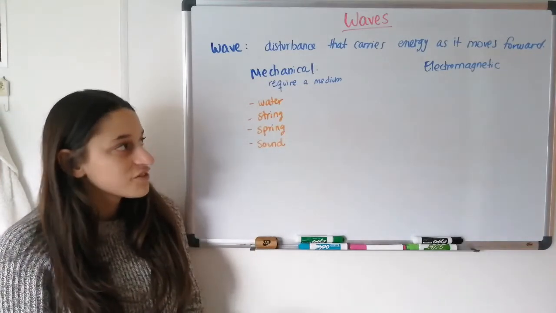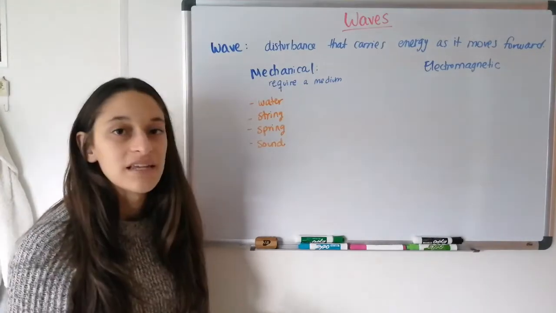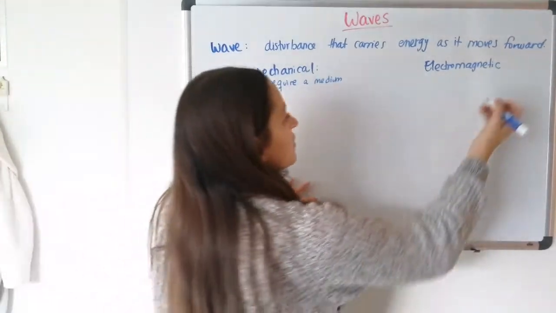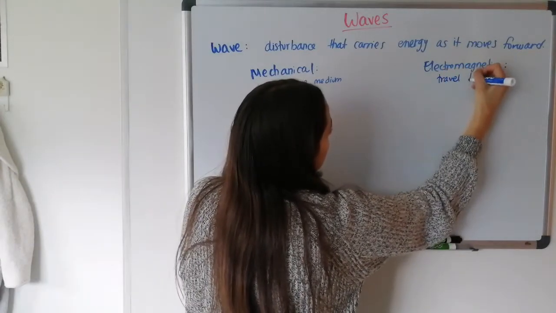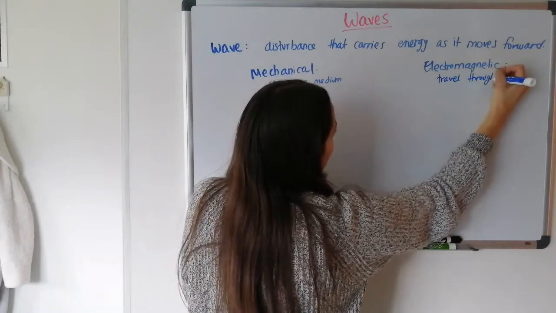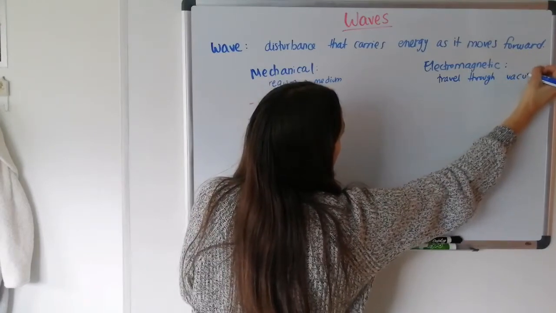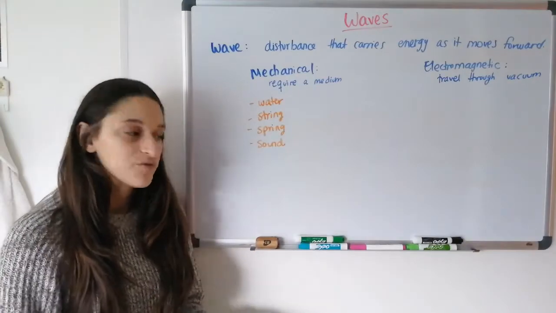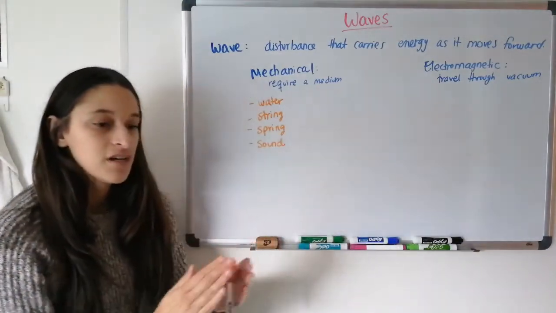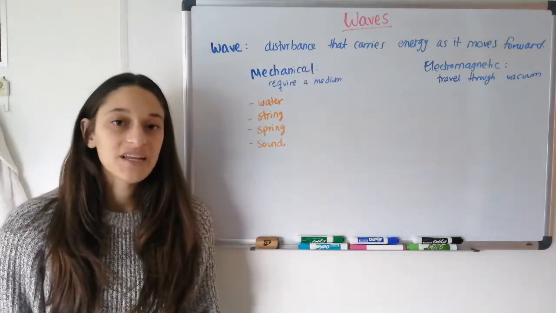So the other type of wave is called electromagnetic wave, and it means that it doesn't require a medium, that it can travel through a vacuum. Vacuum is vacío, right? So these types of waves are all part of something bigger called the electromagnetic spectrum.